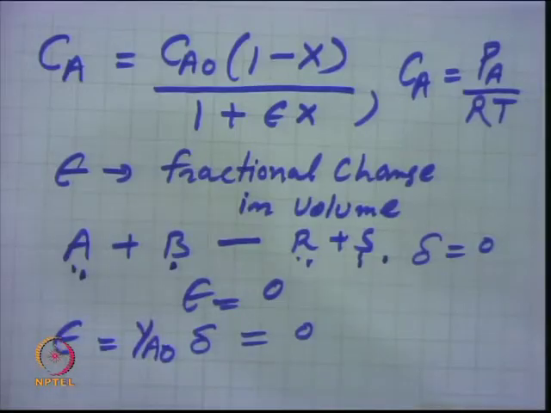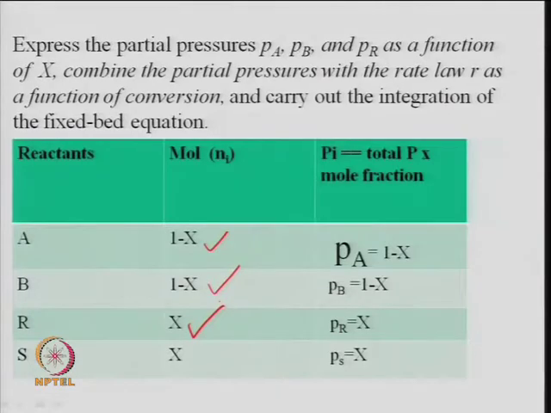So, x reacted, so x will form, and similarly 1 mole of A reacted, an equal number of S will form. So, moles of S are also x. So, this is the total moles.